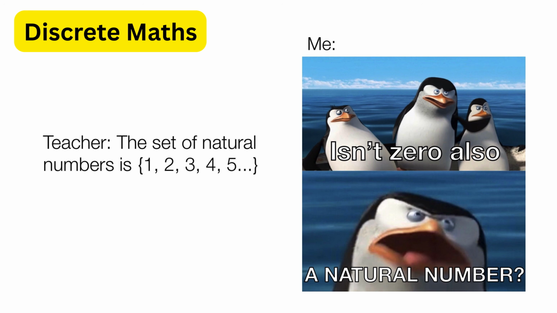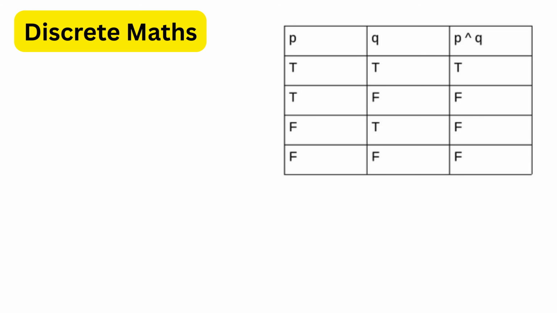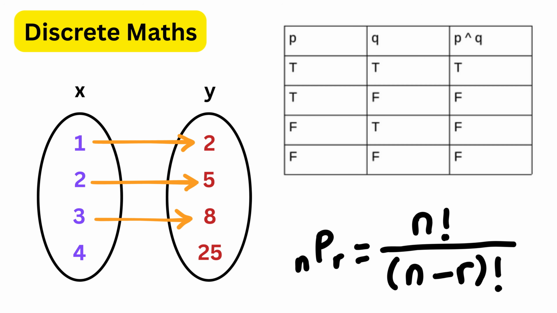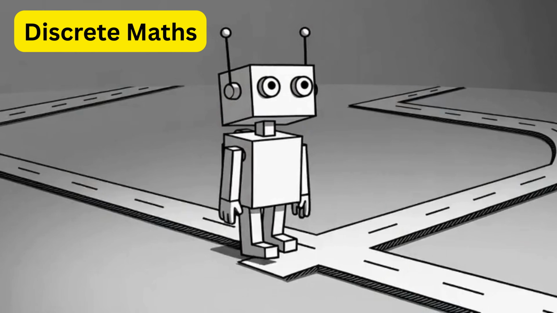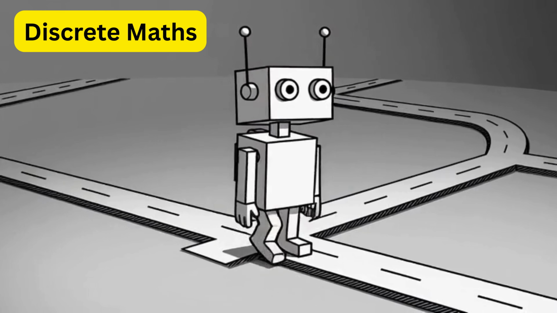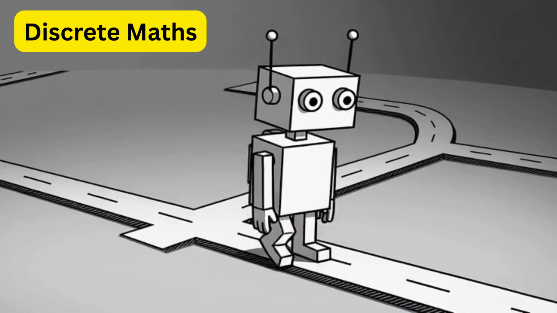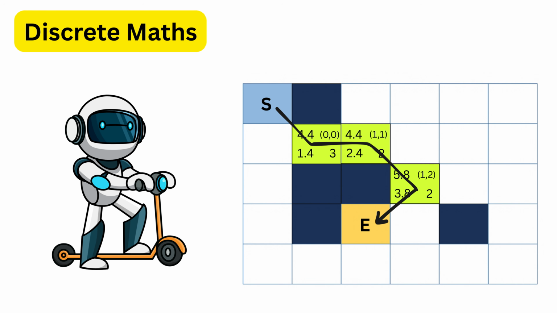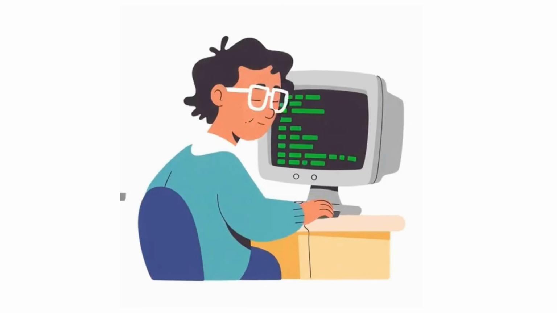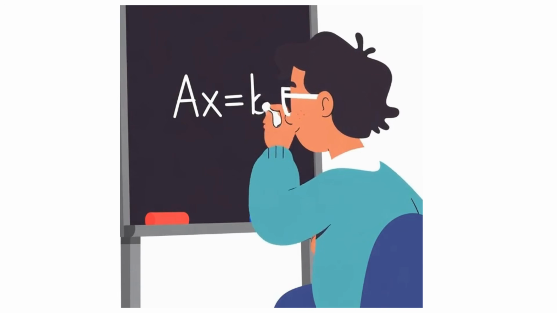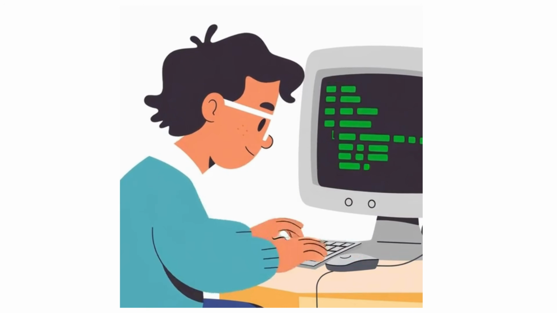Next up, we have discrete mathematics. It focuses on clear rules, logic, and steps. For example, how many different paths a robot can take to reach a destination, so the system can pick the best one. Now, math ideas become powerful only when implemented in code.